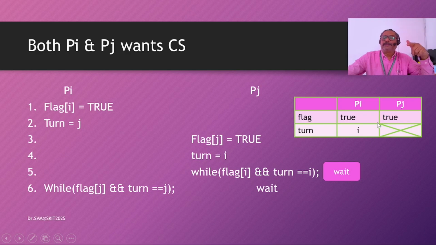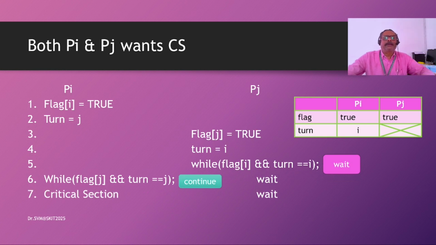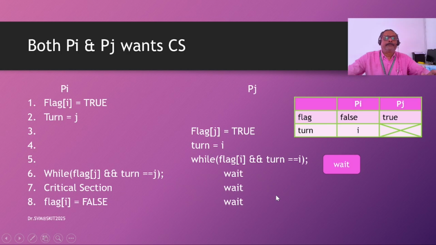Flag j is true, no problem, but true and false is false, therefore this loop breaks, and it doesn't wait there indefinitely, it just goes to the next line, which is the critical section of Pi. On the other side, Pj is waiting because flag I is true and turn is I, therefore the condition is true, so it waits and waits.